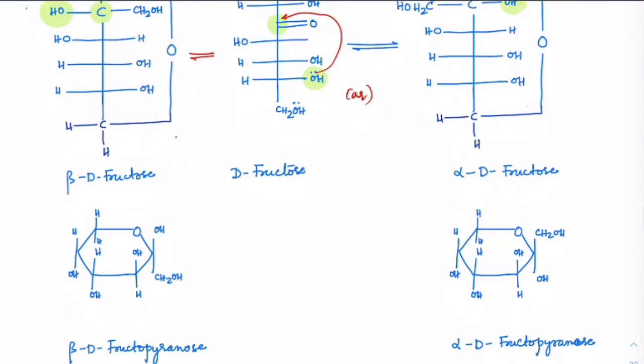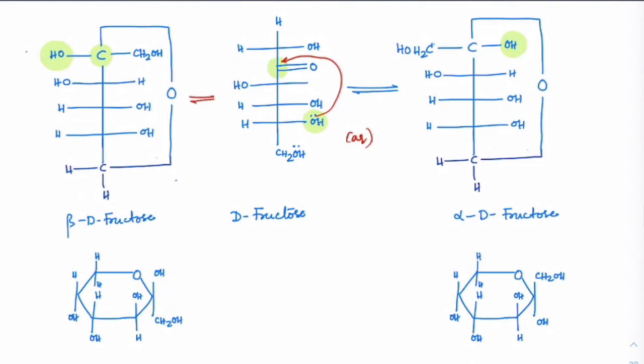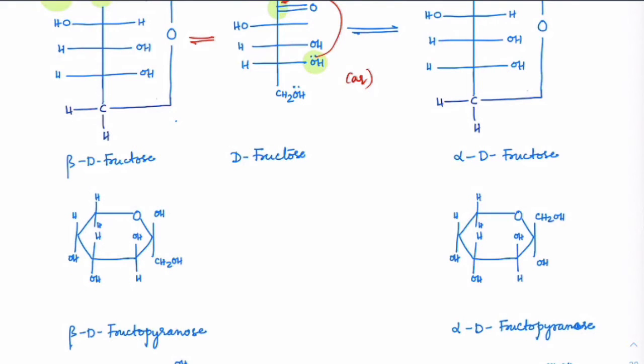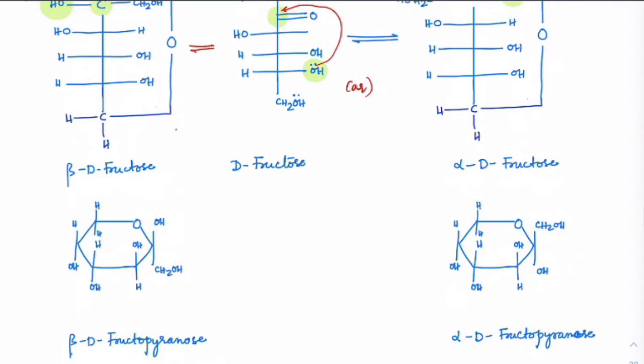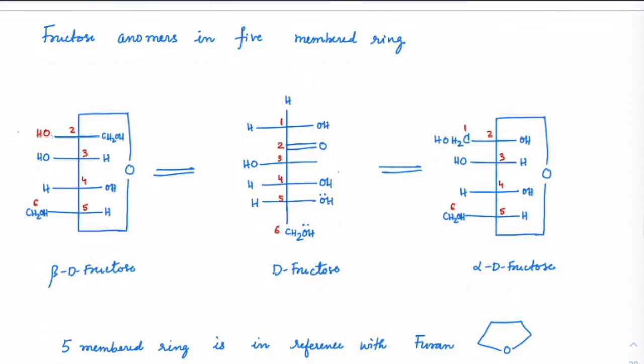Everybody understood that? Now, if you check beta-D-fructose and alpha-D-fructose, there are two structures we can get. I have shown the 6-membered ring first, that's not needed. From here, this lone pair is getting attacked here, right? That will make us beta-D-fructose and alpha-D-fructose.